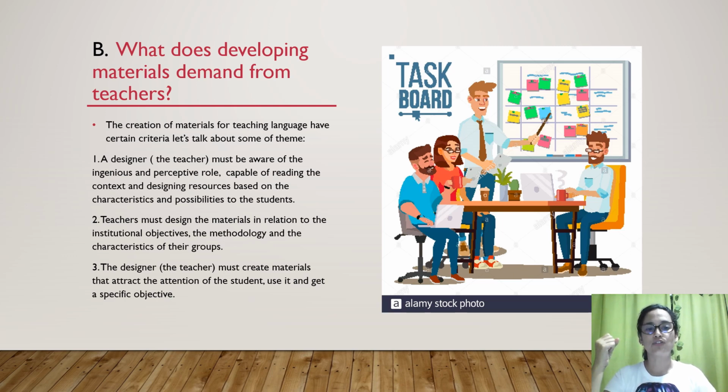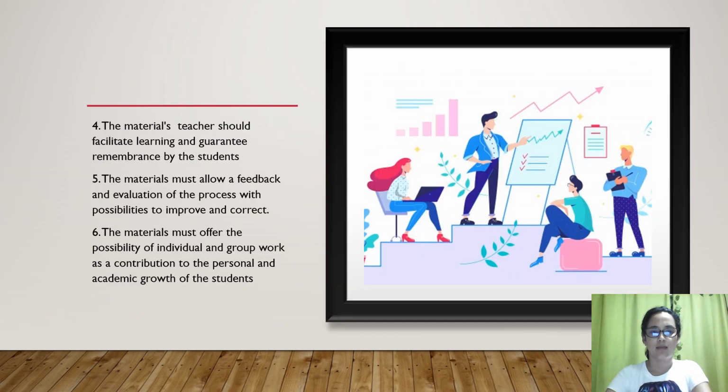Second, the teacher must design the materials in relation to the institutional objectives, the methodology, and the characteristics of their groups. Third, the designer, the teacher, must create materials that attract the attention of the students, that they use, and that get specific objectives. Fourth, the materials should facilitate learning and guarantee remembrance by the students.